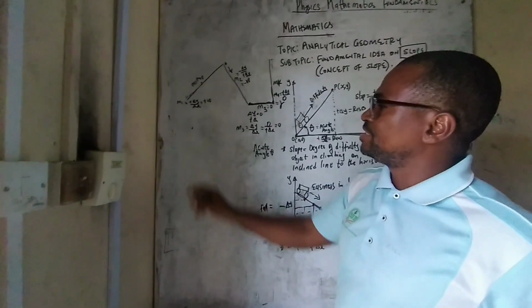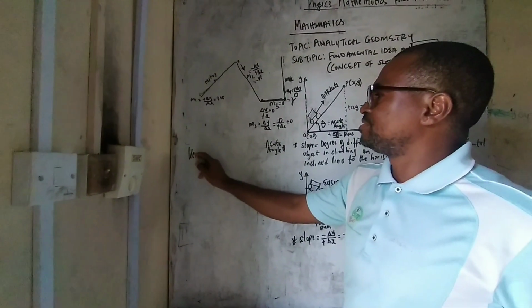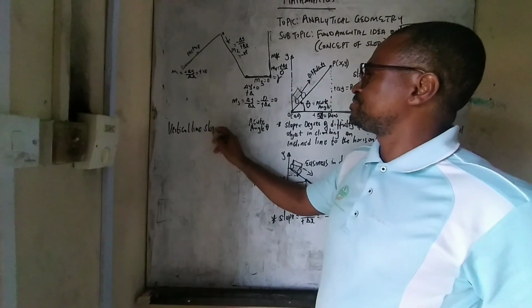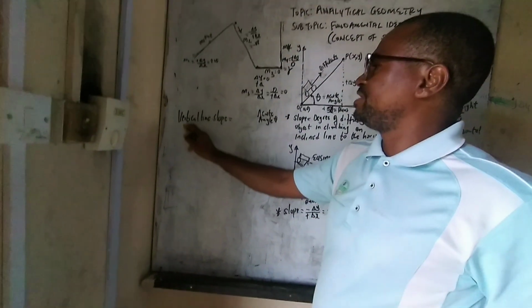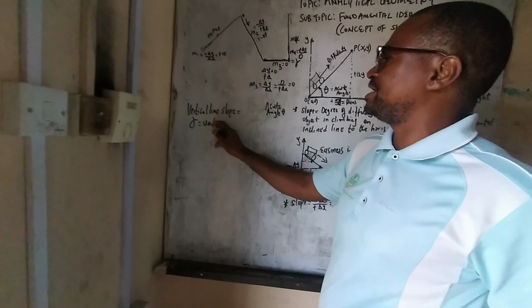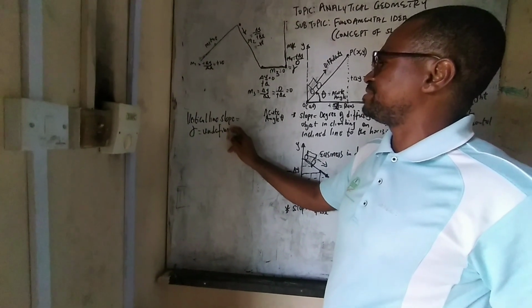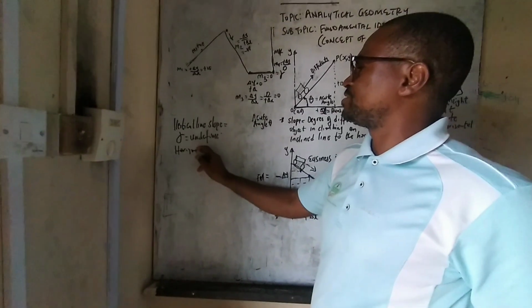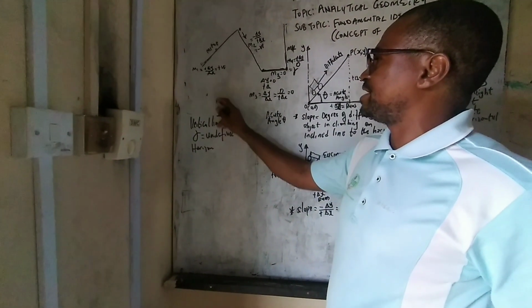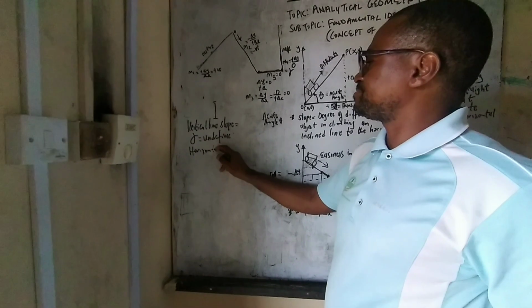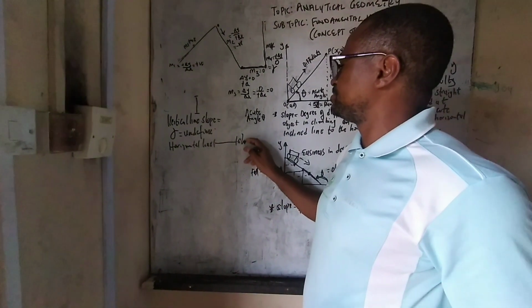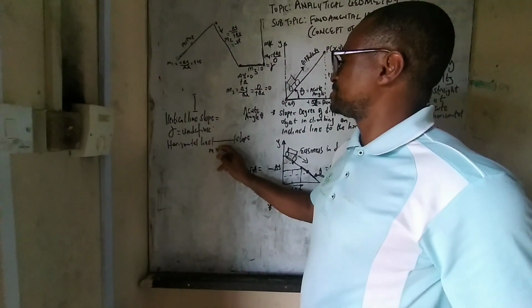So that means the slope of a vertical line is undefined. That means we cannot get a value for it. While for the horizontal line, the slope m is 0.